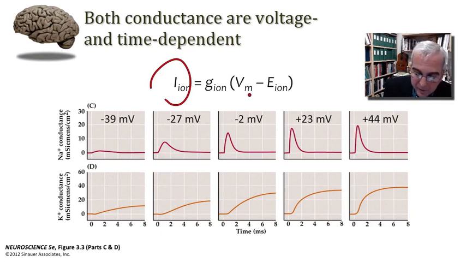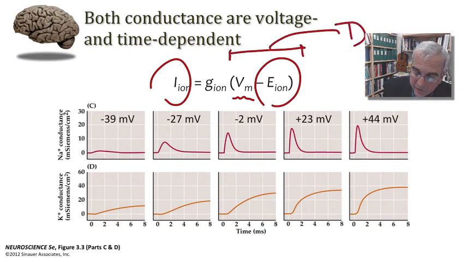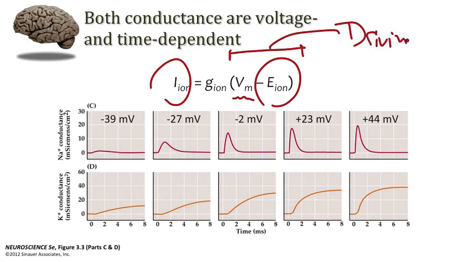We know something about the membrane potential of the neuron, and given the concentration gradient of the permeant ion, we know its Nernst equilibrium potential. So the driving force term then becomes the difference between the membrane potential at any point in time and the Nernst equilibrium potential for the permeant ion.